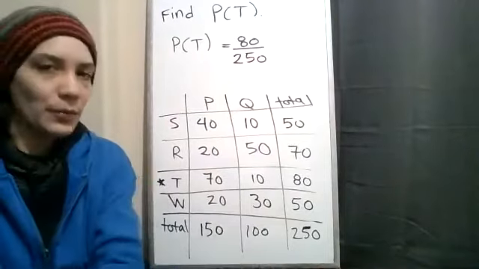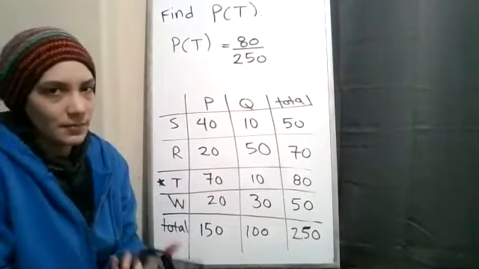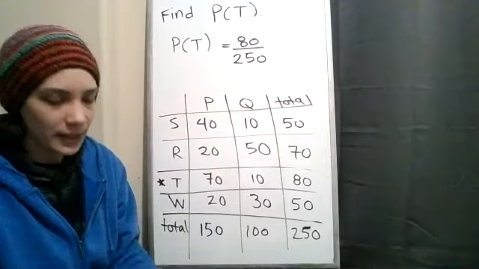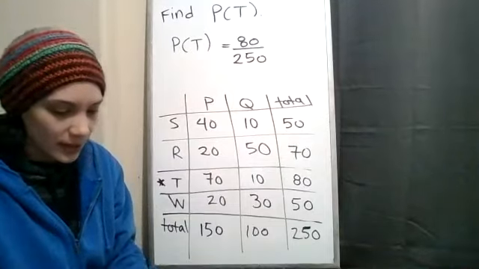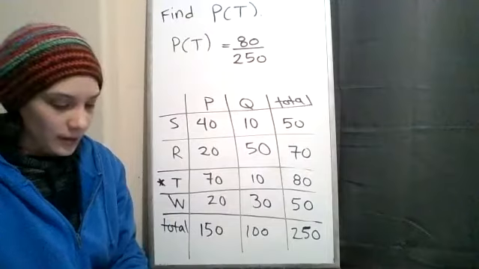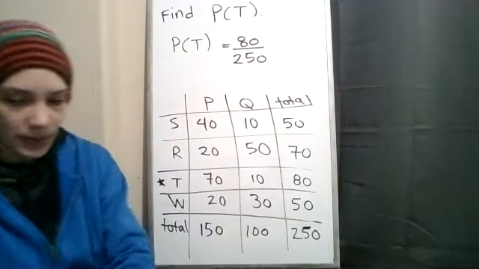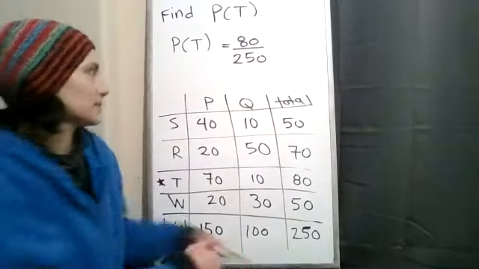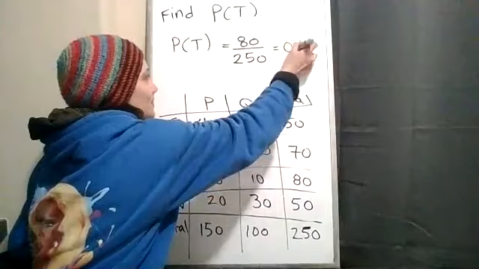That's correct, but I'd probably get a decimal answer. Let's see, 80 divided by 250 is 0.32.